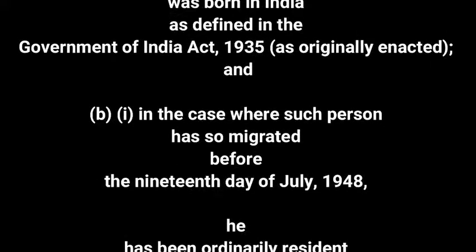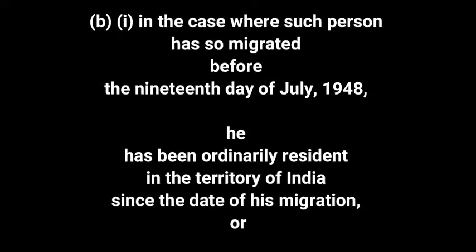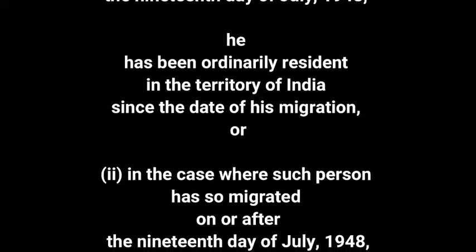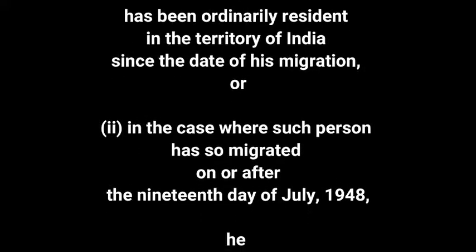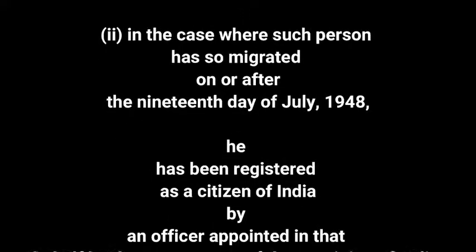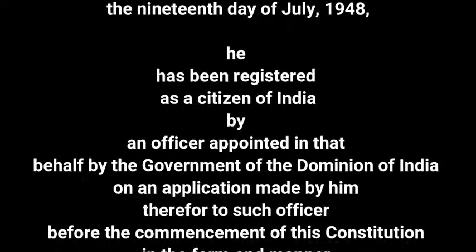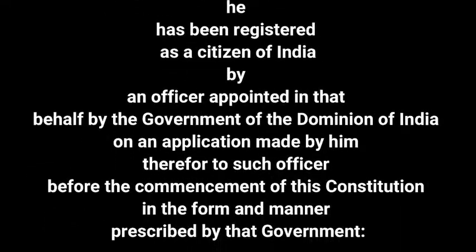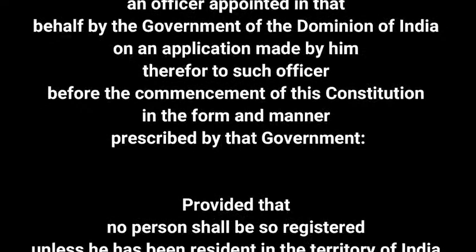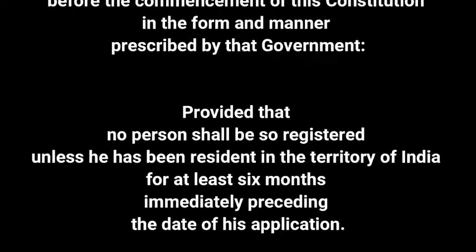And in the case where such person has so migrated before the 19th day of July, 1948, he has been ordinarily resident in the territory of India since the date of his migration, or in the case where such person has so migrated on or after the 19th day of July, 1948, he has been registered as a citizen of India by an officer appointed in that behalf by the Government of the Dominion of India, on an application made by him therefor to such officer before the commencement of this Constitution, in the form and manner prescribed by that Government.